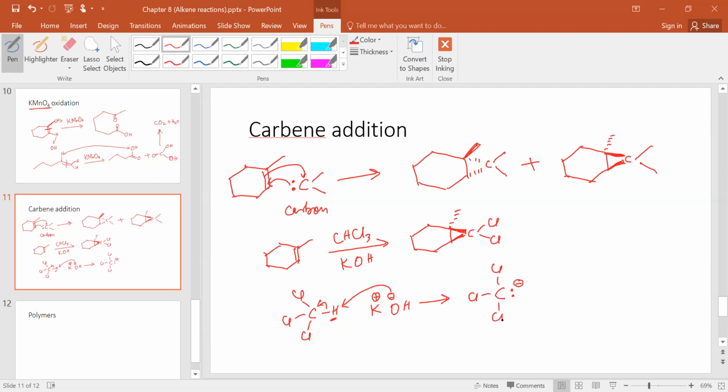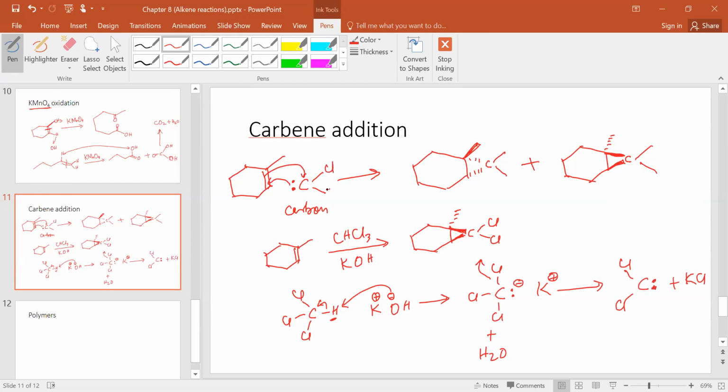Now, as soon as the anion forms, one of the chlorines will leave. H2O, here you have potassium. So as soon as chlorine leaves in the form of chloride, you have only two chlorines and this is the carbene plus KCl. And this carbene will add, okay, as shown here.